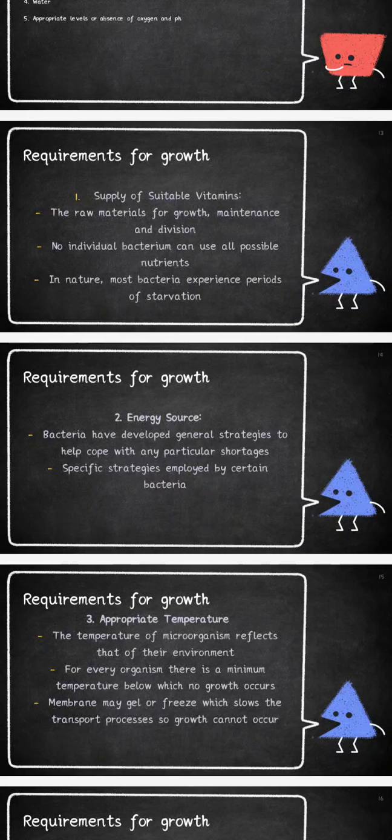Examples of these shortages are decreased production rates for components and low concentration of nutrients, or they utilize alternate terminal electron acceptors during respiration and obtain nutrients from alternate sources.